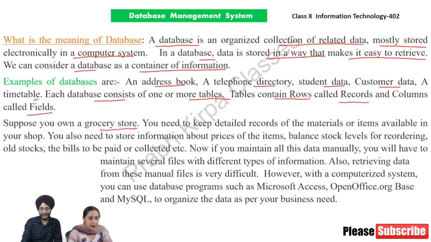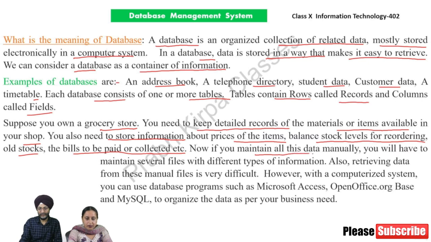Suppose you own a grocery store. You need to keep detailed records of the materials or items available in your shop. You also need to store information about prices of the items, balance stock levels for reordering, old stocks, the bills to be paid or collected, etc. Now, if you maintain all this data manually, you will have to maintain several files with different types of information.